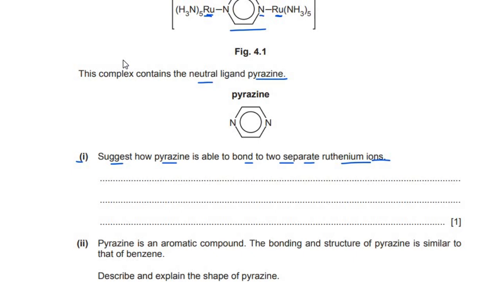Because both the nitrogen have a lone pair which can form a dative bond with the ruthenium ion.